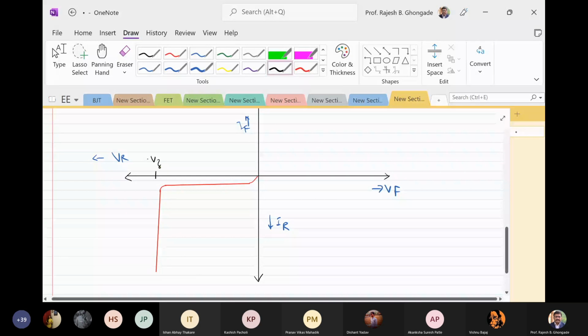Now you can design diodes with different Zener breakdown voltages. This point is very important.